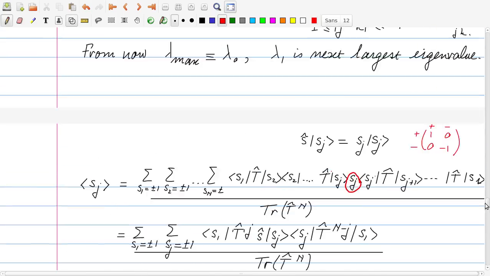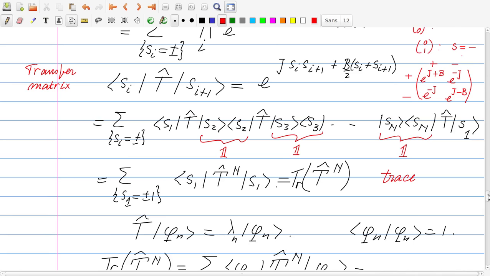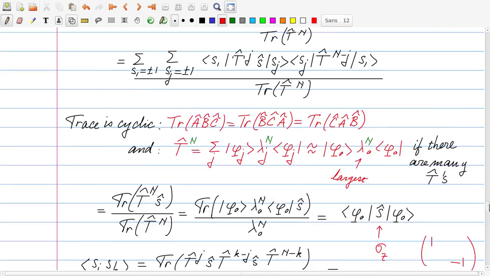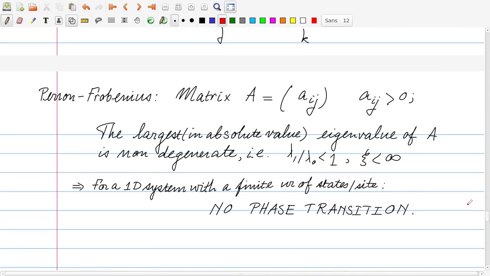Well, that is indeed the case, and it's generally the case because the matrix elements of the transfer matrix are always Boltzmann weights. Boltzmann weights are exponents of real numbers, and therefore they are always positive. So our transfer matrix is a positive matrix, and it should therefore satisfy the Perron-Frobenius theorem.